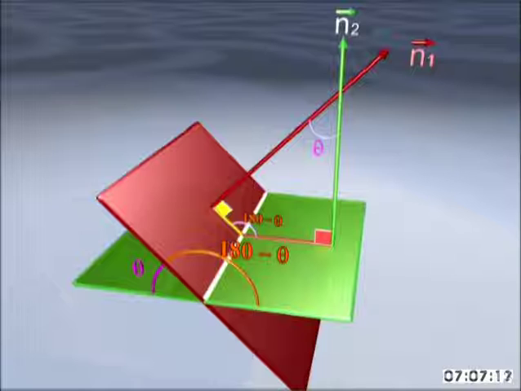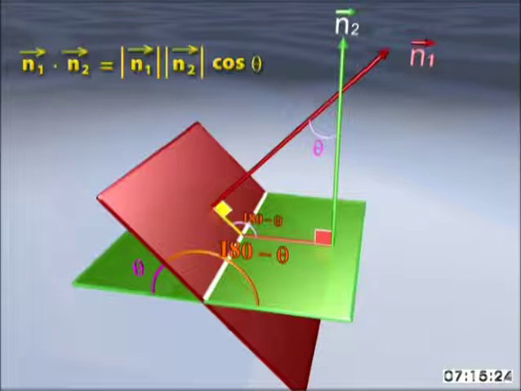Let us now calculate the angle between the two normals, which can be calculated by using the fact that dot product of vector n1 and vector n2 is equal to the product of the magnitude of vector n1, magnitude of vector n2 and cosine of angle theta.